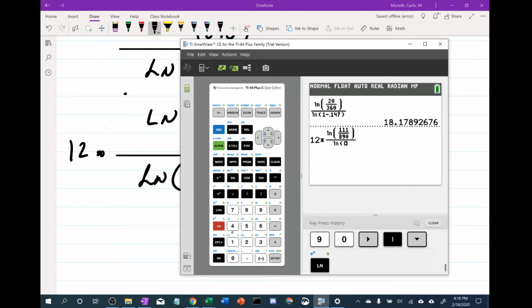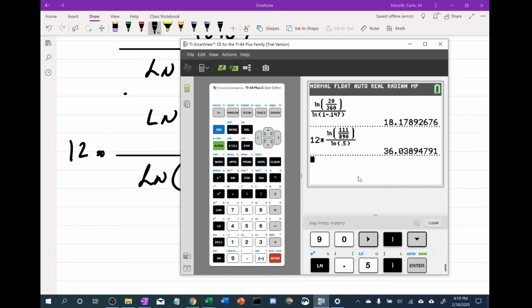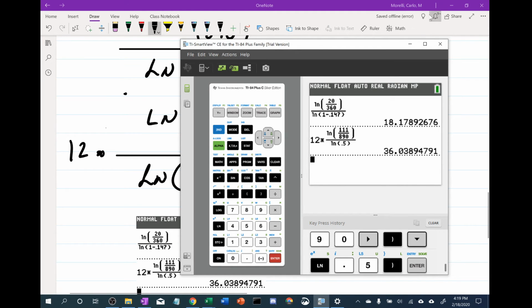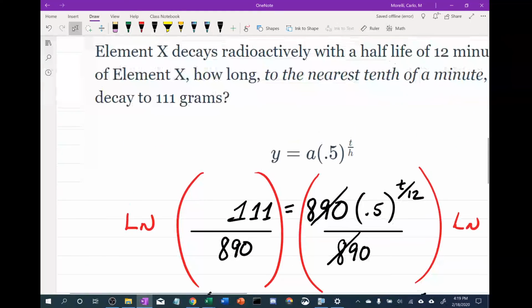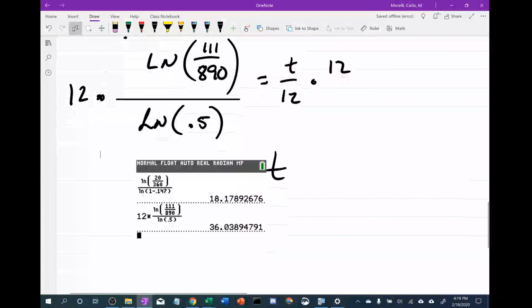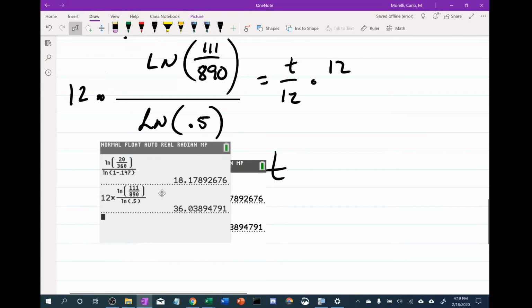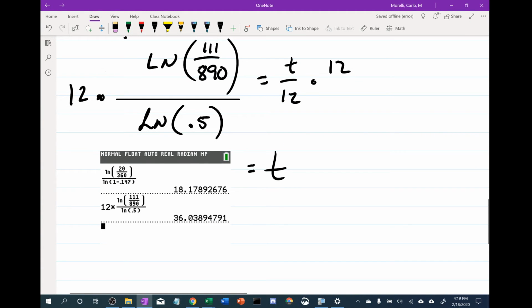Okay, so ln of 0.5. And then that goes to 36 minutes and 3, or, well, we'll figure it out. So it wants it rounded to the nearest tenth of a minute. So t is approximately equal to 36.0 minutes.